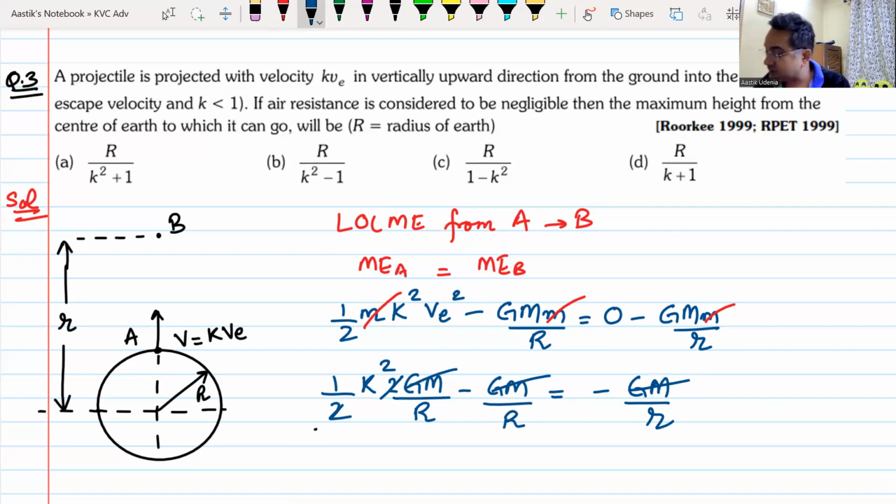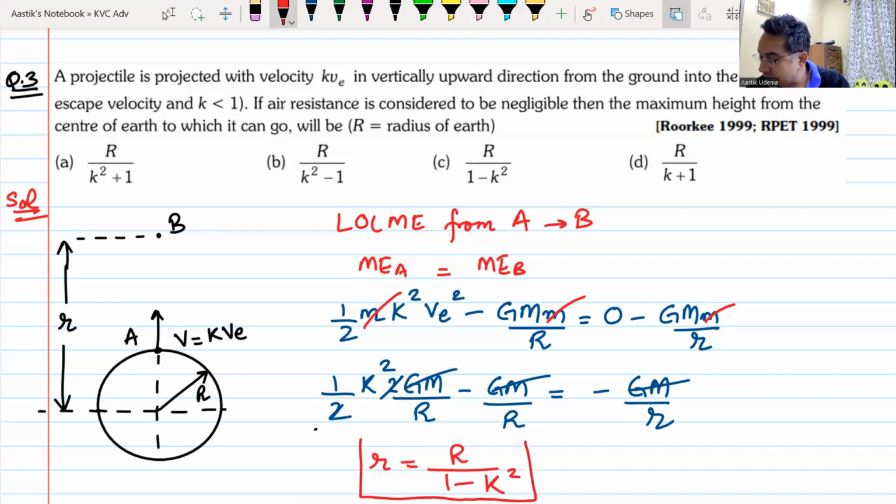GM goes, this goes, this goes. From here you should be able to calculate the value of r, and the value of r that you are going to get will be capital R divided by 1 minus k square. That is the answer, bachcho, that I was looking for.